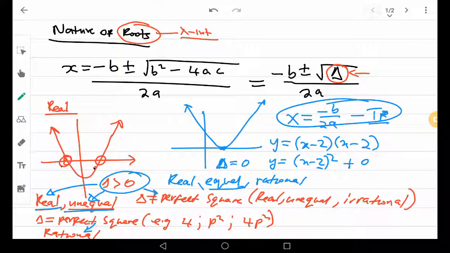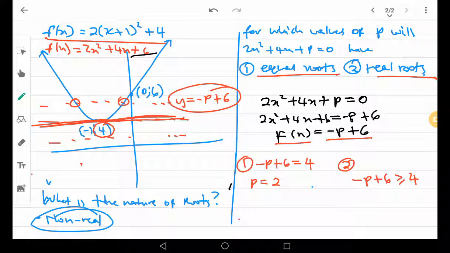So solving, minus p is greater than or equal to 4 minus 6, so p is less than or equal to 2.